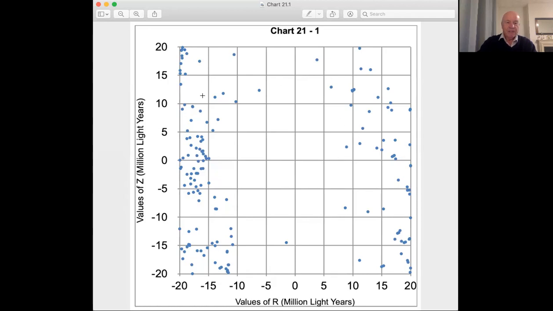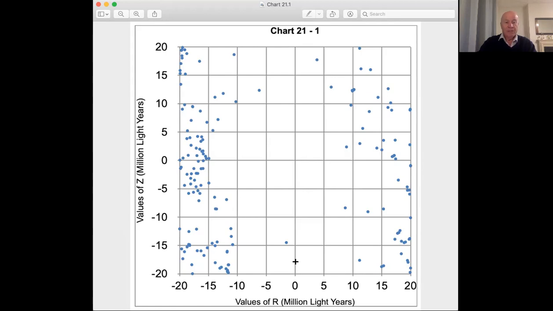I should emphasize that this plot here is not a straight projection from some direction of the galaxy positions in X, Y, Z. What it is, the vertical is the Z-axis, and the horizontal is a radius, which is the square root of x squared plus y squared.